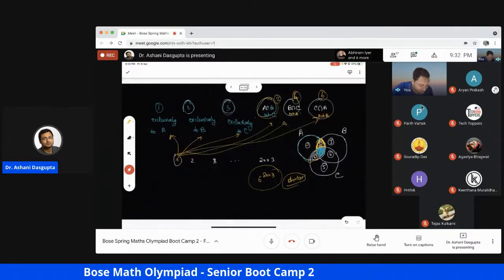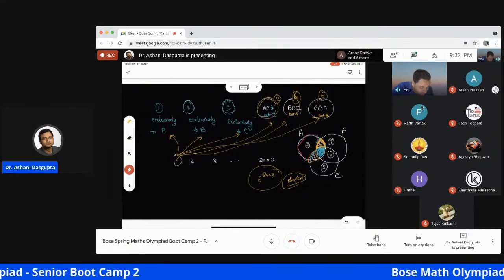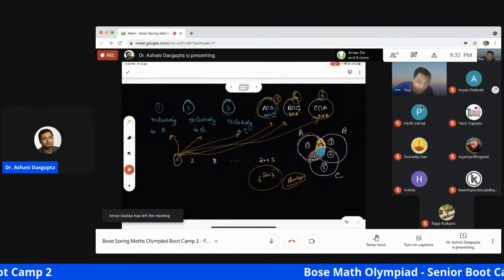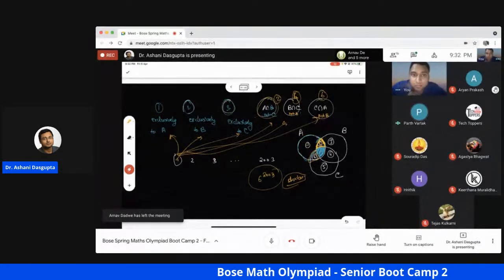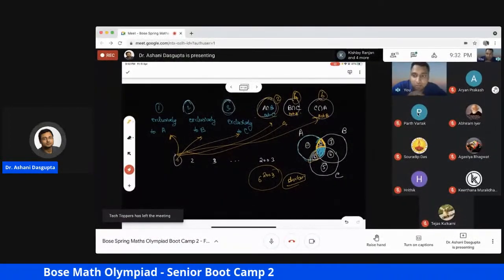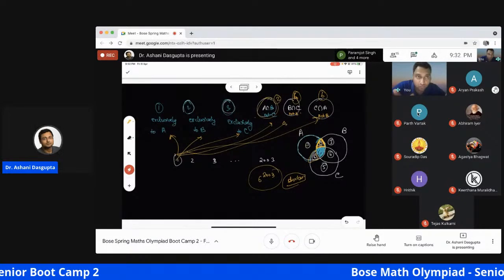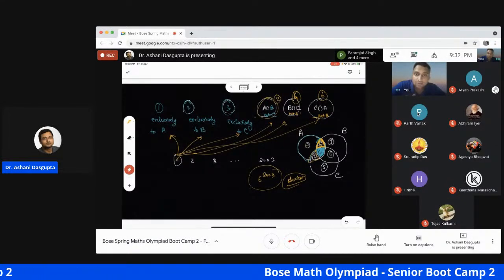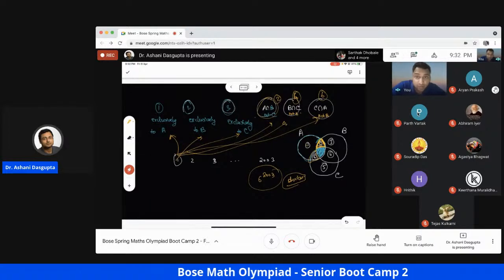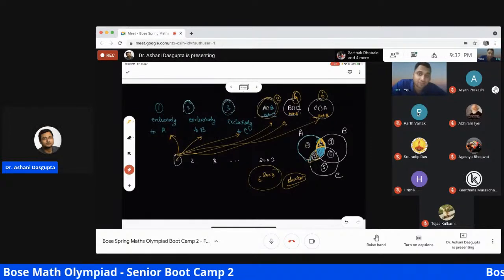I'm not taking the entire A. I'm taking this region as my region 1. Do you see what I'm saying? Okay. So now we have 6 options, 6 places where this can go. So 6 raised to 2003 is the total number of cases that we can have.